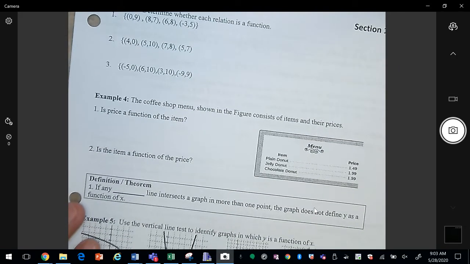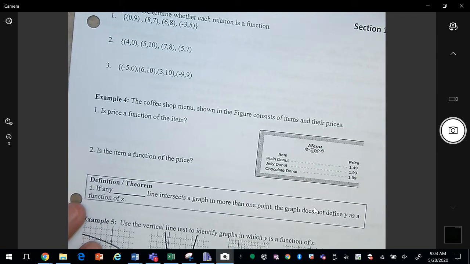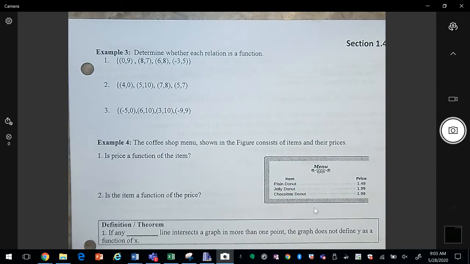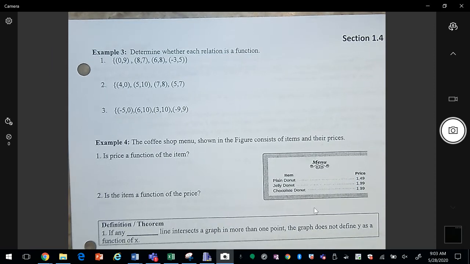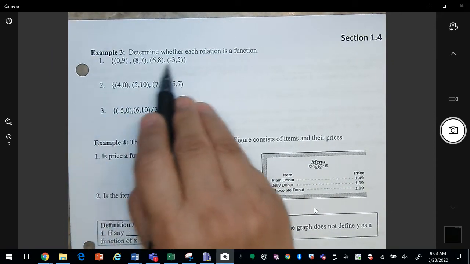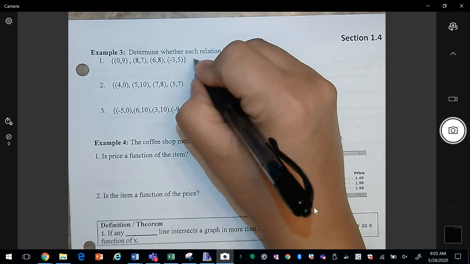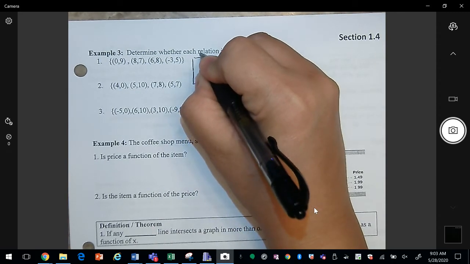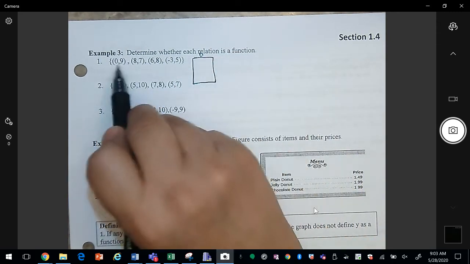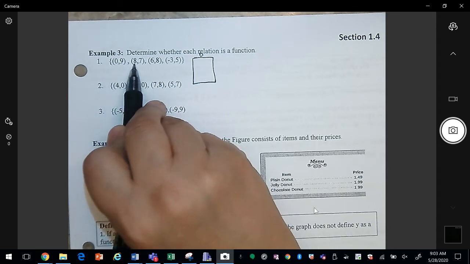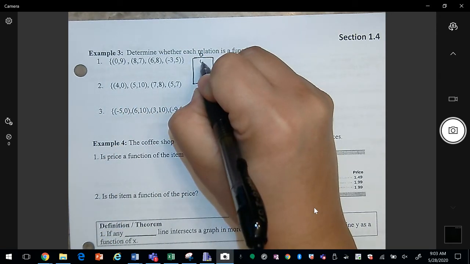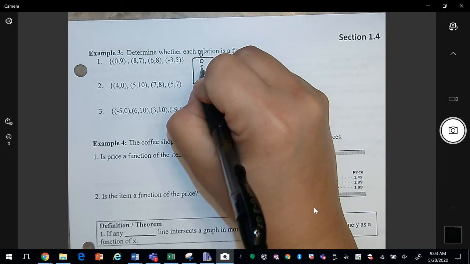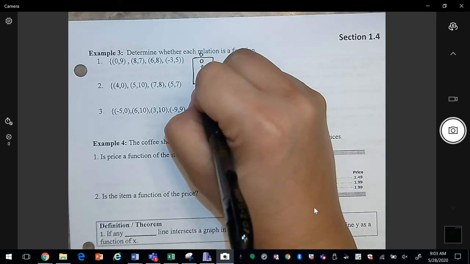Let's look at page 18. Determine whether each relation is a function. So again, as I mentioned, they give you a set of ordered pairs. If it helps, you can make yourself a little graph here or a little picture. So the domain is all the first numbers in here. So we have 0, 8, 6, and -3.